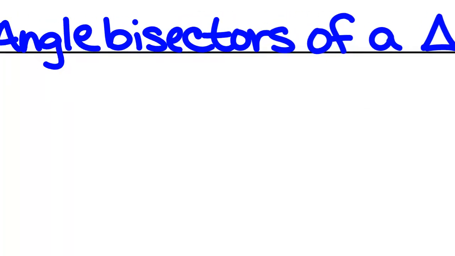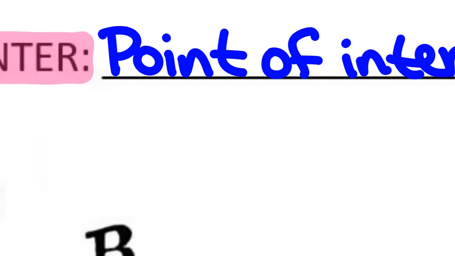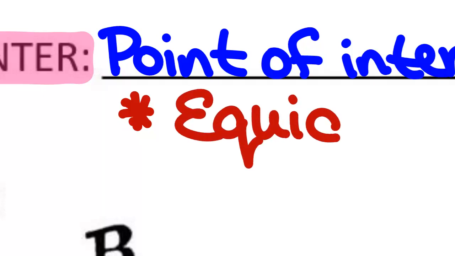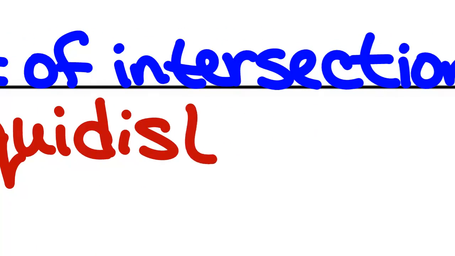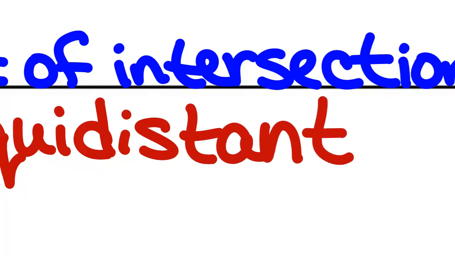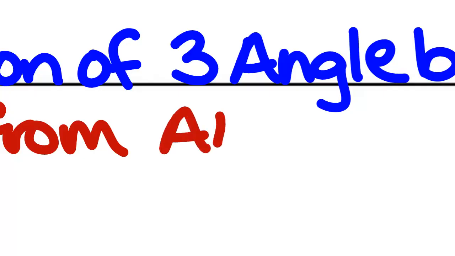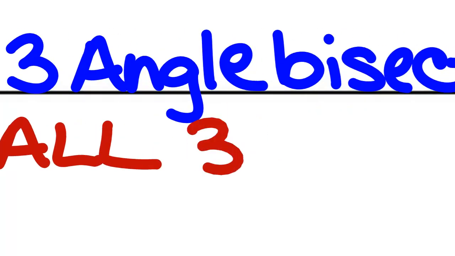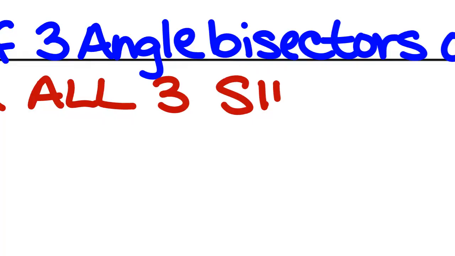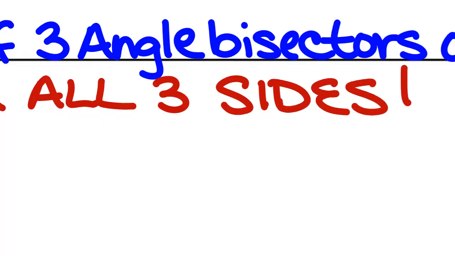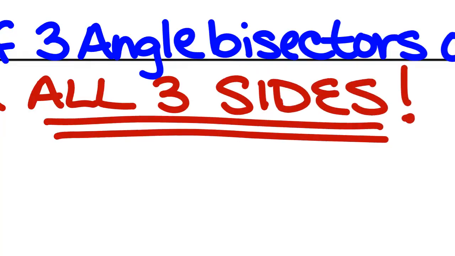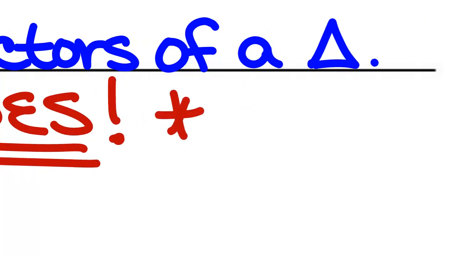The incenter will be equidistant. What does equidistant mean again? Equal distance, same distance. It's equidistant from all three sides. Equidistant from all three sides.